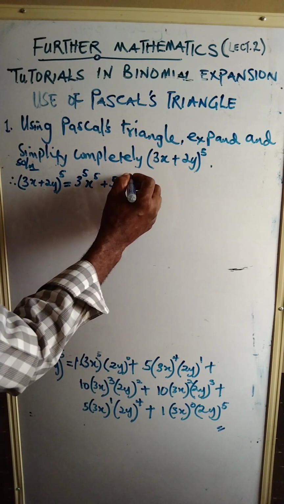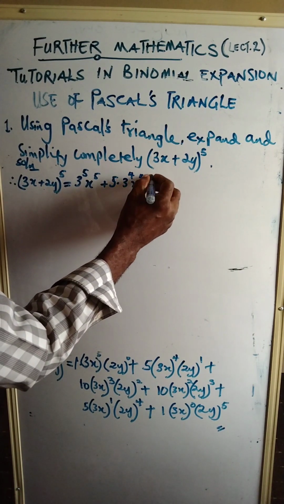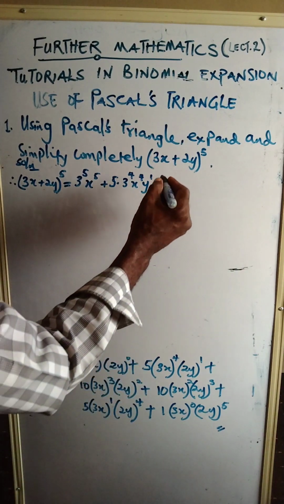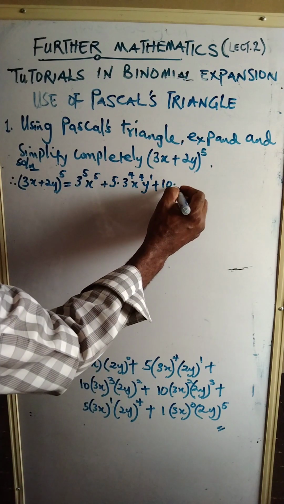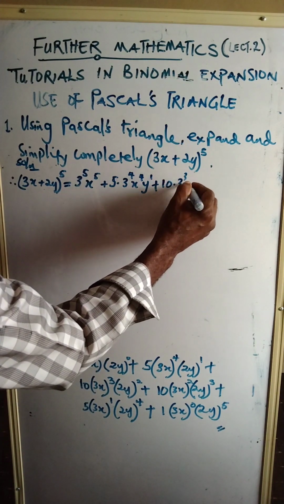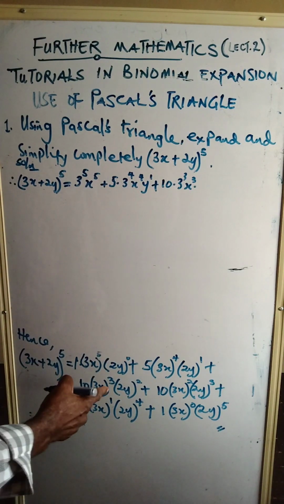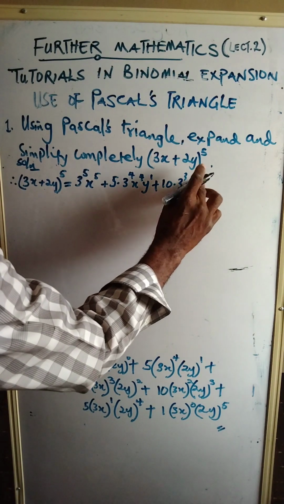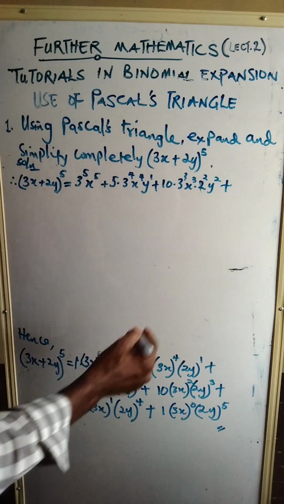That's going to be 3 raised to power 4, x raised to power 4, then y raised to power 1. Then the next one is we have 10. We have 10 multiplying by 3 raised to power 3, x raised to power 3. Then it is multiplying 4, or you can say 2 raised to power 2 y squared, plus.